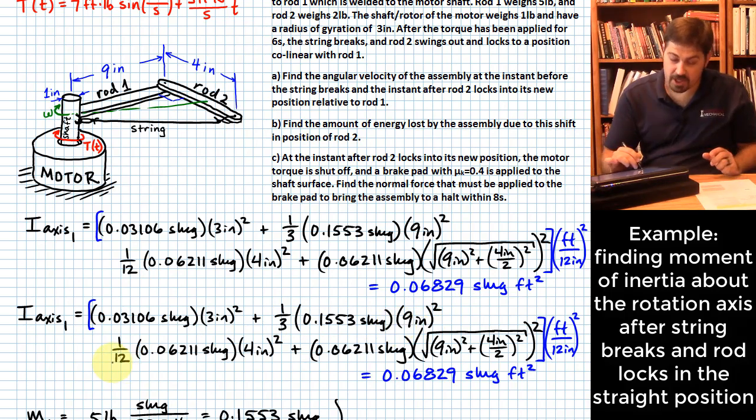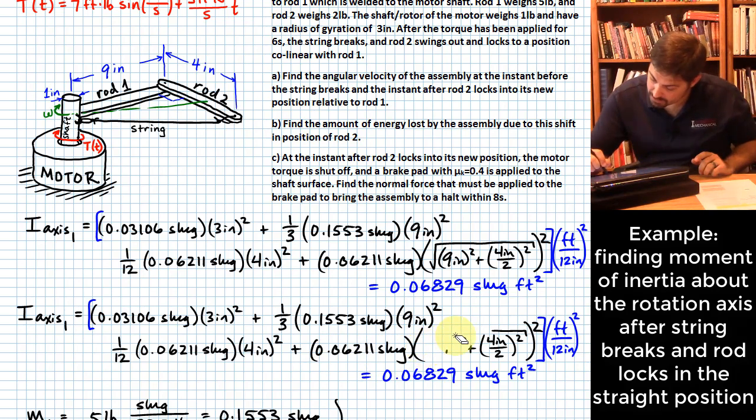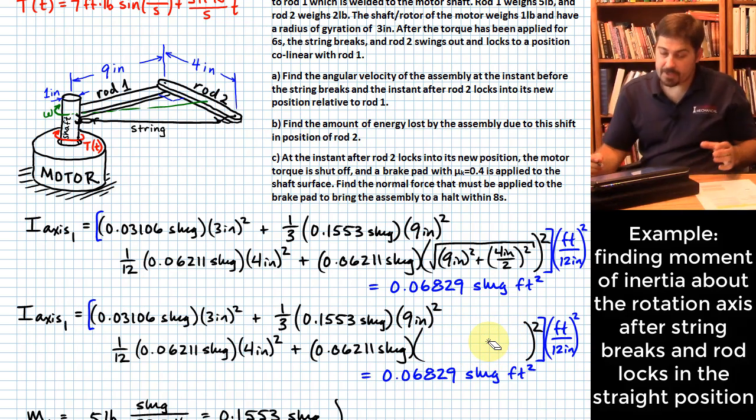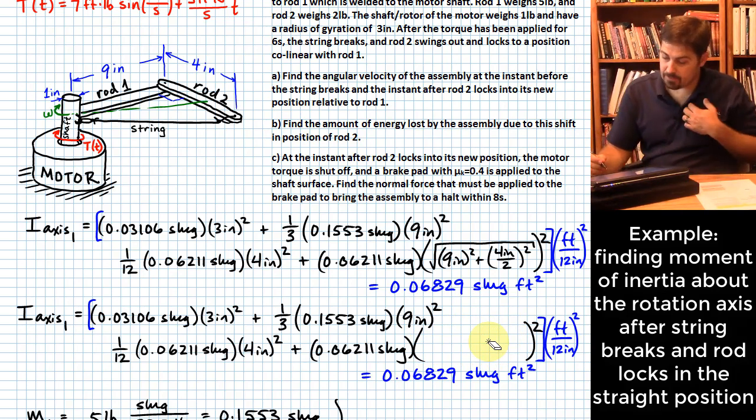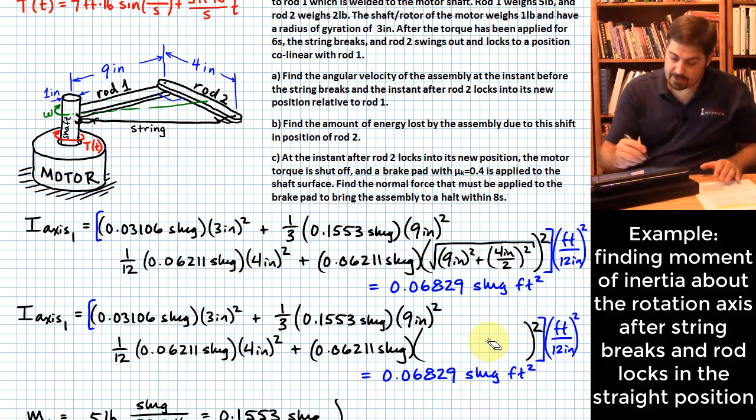Again, nothing changes with respect to the moment of inertia for rod 2 about its own CG. It doesn't change the mass of rod 2, but the one thing that does change here is this radius. Now instead of that radius being the value that we just found, we have a radius that is rod 1's length plus half of rod 2's length.